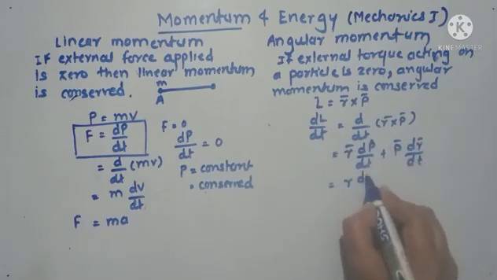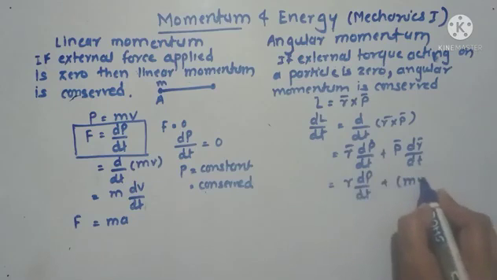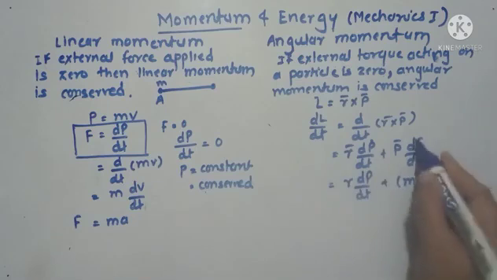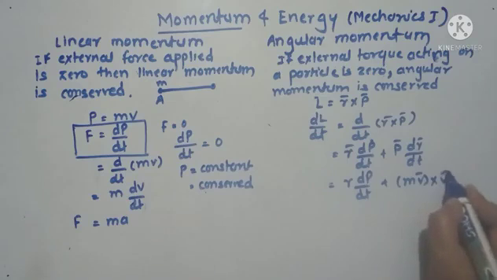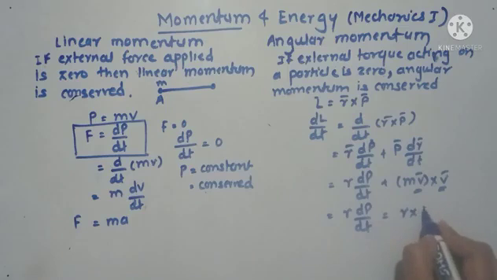So let us keep the first term as it is, plus p, which is nothing but mv, into dr by dt, which is nothing but v. We know that the cross product of a vector with itself is equal to 0, so what remains is r cross dp upon dt, and we know that dp upon dt is nothing but the force. So this is r cross F, and this dL by dt is nothing but the torque tau.